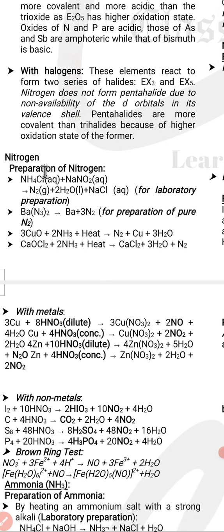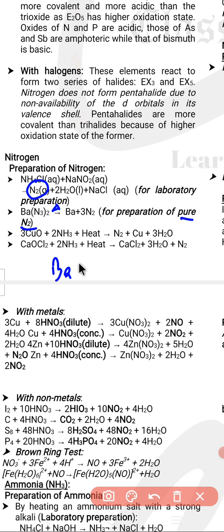Now let us go to nitrogen. Nitrogen can be prepared in the laboratory in small amount by reacting ammonium chloride with sodium nitrite. So our nitrogen is formed, and if we want to prepare pure nitrogen, then we can heat Ba(N3)2, which is called barium azide.